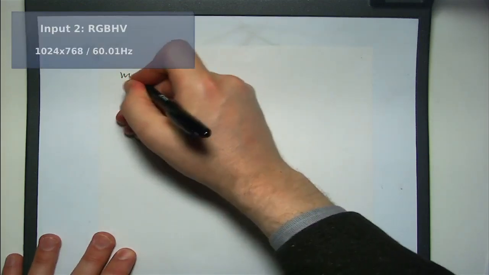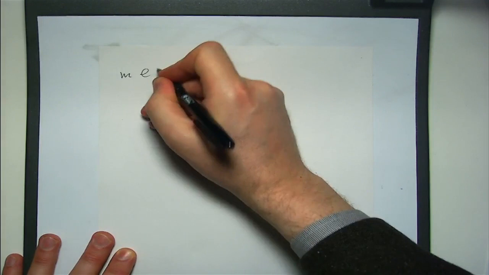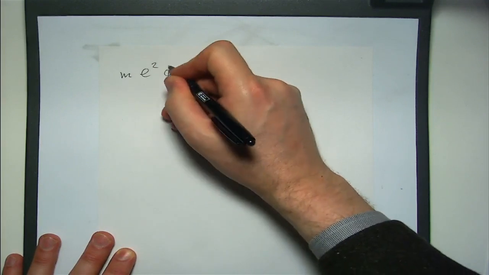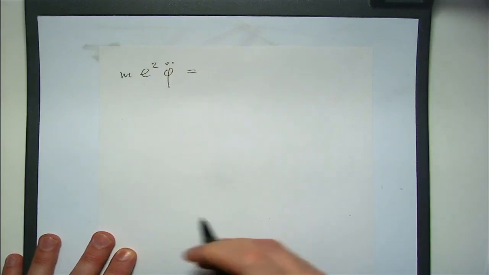Another quite simple example, which is essentially a single degree of freedom example, is this one here.